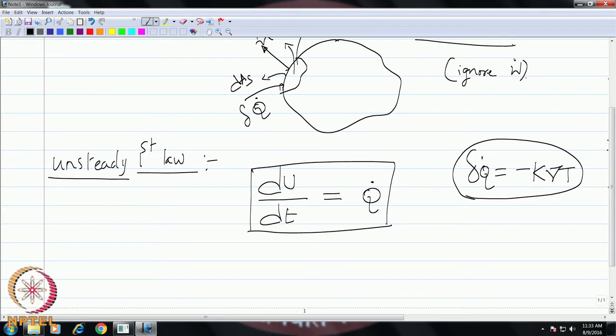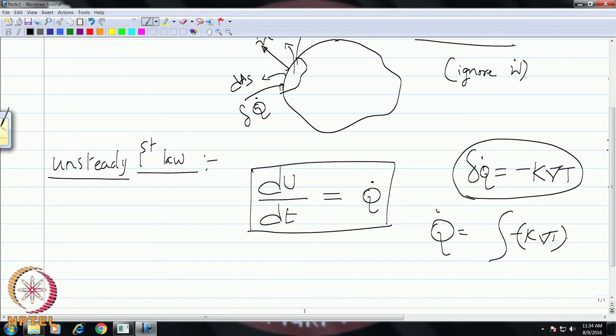So, therefore, now for the entire system or control volume, all we have to do is integrate this over the surface area. Okay. So, this gives you the total heat transfer, and you have to be careful with the normal that you are using.